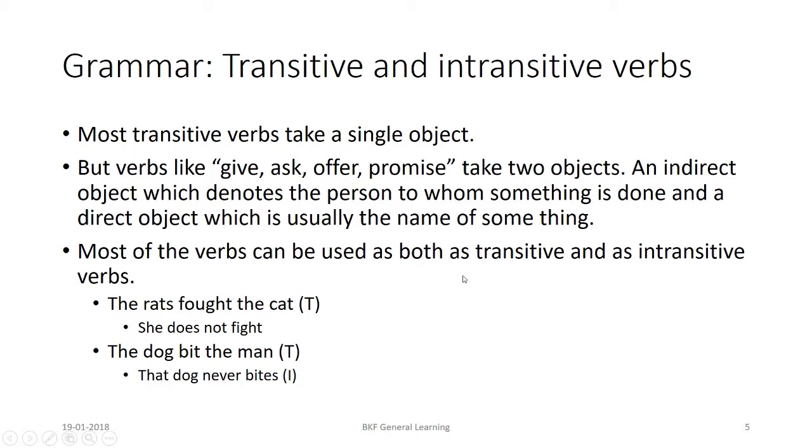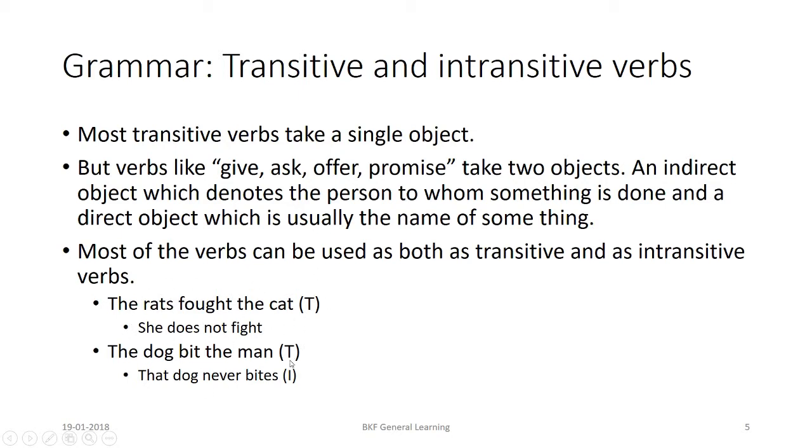Most of the verbs can be used both as transitive or as intransitive verbs. So consider these two examples. The rats fought the cat. In this sentence, fought is a transitive verb, because the action is passing to the cat.